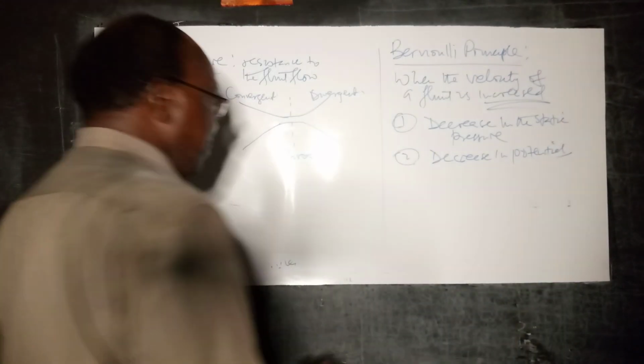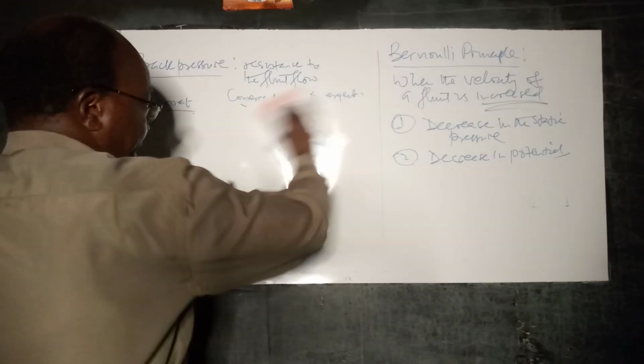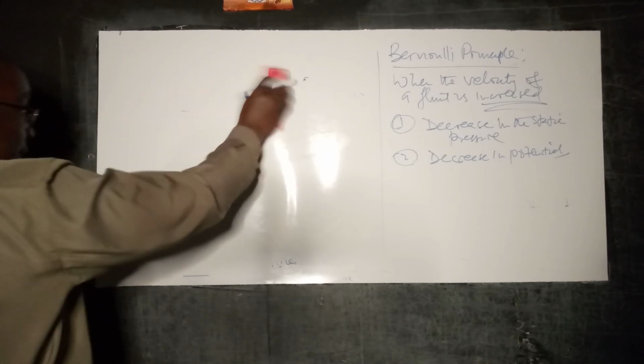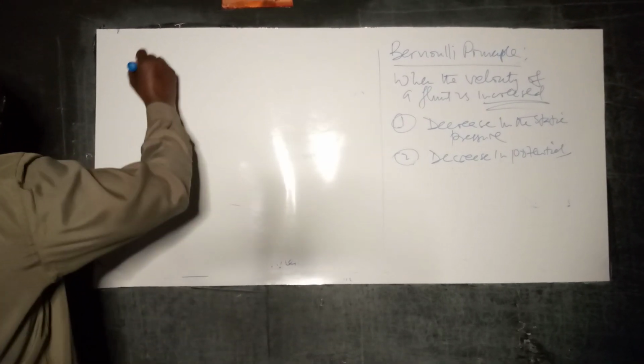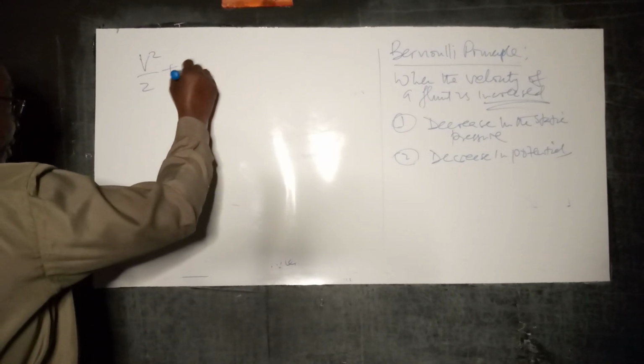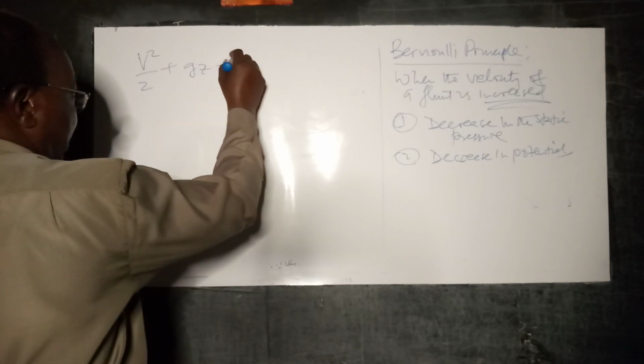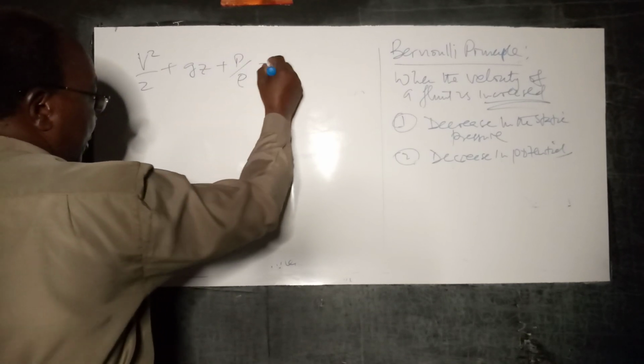This is normally captured in the equation v squared over 2 plus gz plus p over rho is equal to a constant.